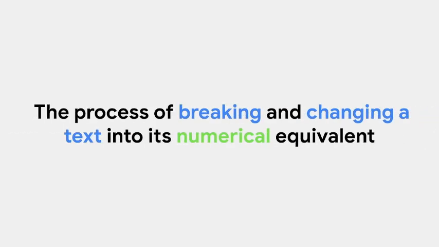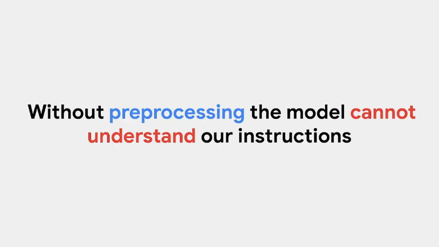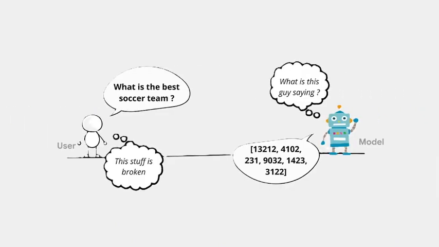So, processing and tokenization. Here we are going to talk about how the data is prepared for the model. Preprocessing is basically the process of breaking and changing the text into its numerical equivalent. That's just it. Without preprocessing, the model cannot understand our instructions. And for this, I prepared some illustration.